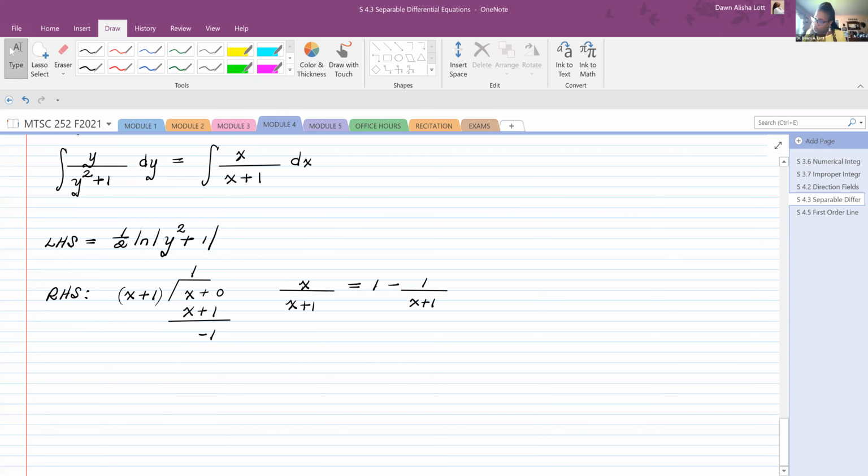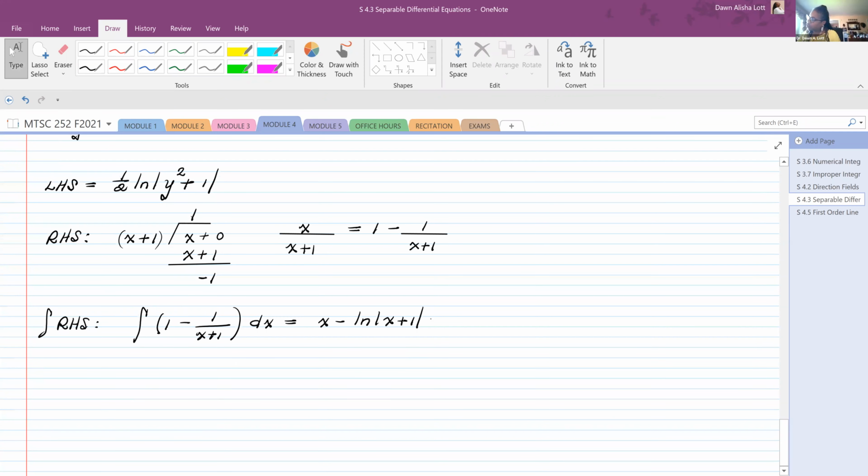So then when I do the integral of the right-hand side, I just get the integral of 1 minus 1 over x plus 1 dx. And that's going to give me x minus the natural log of x plus 1, plus a constant.